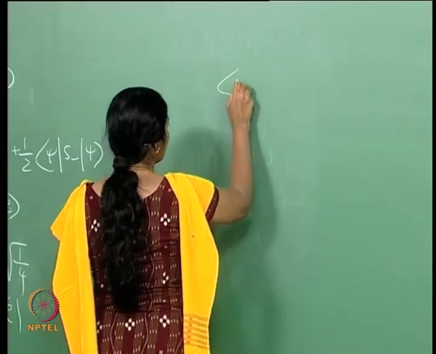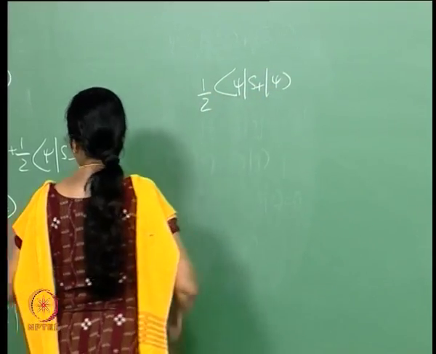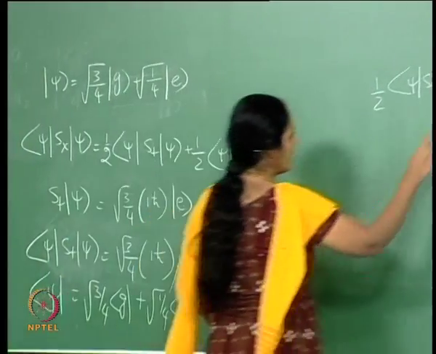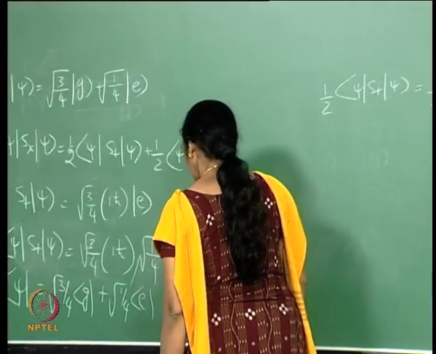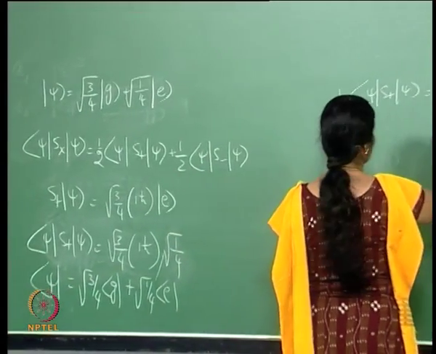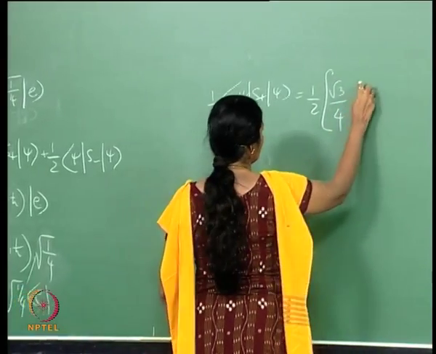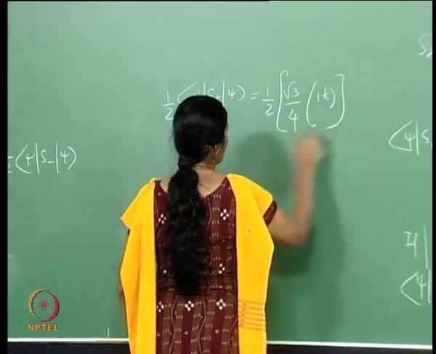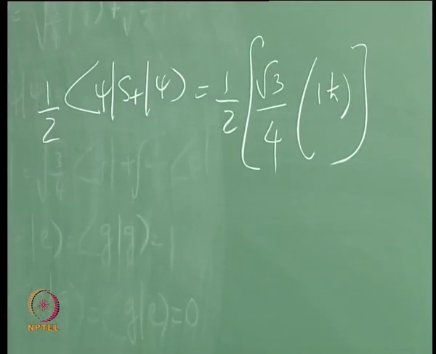I need to take a half out here. Half psi S plus psi is half root of 3 by 4 1 h cross. I want to write this separately to show what the measurement outcome is going to be.